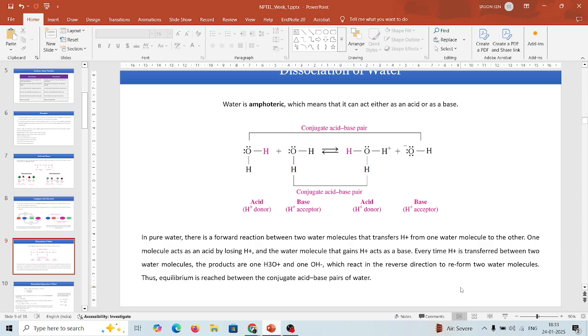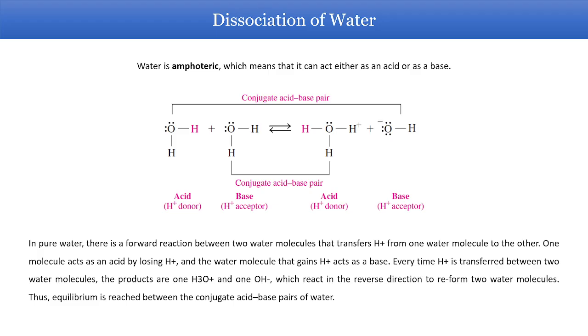So we see that water is basically amphoteric in nature, that means it can act as both an acid as well as a base. So what we see over here is that we have two water molecules, where one water molecule acts as the acid, having its conjugate base, and the other one is a base, where it has its conjugate acid.